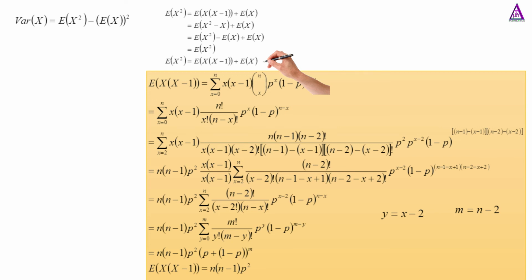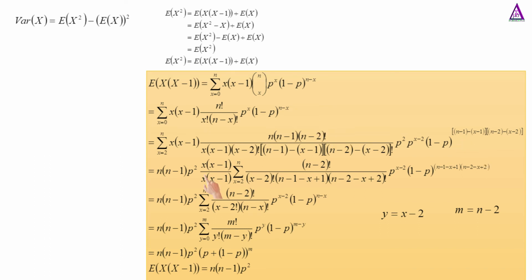And based on our proving before, we have x into bracket x minus 1 and n combination x gives us this one. Put our p raised by x into bracket 1 minus p raised to power n minus x. So everything here is this one.